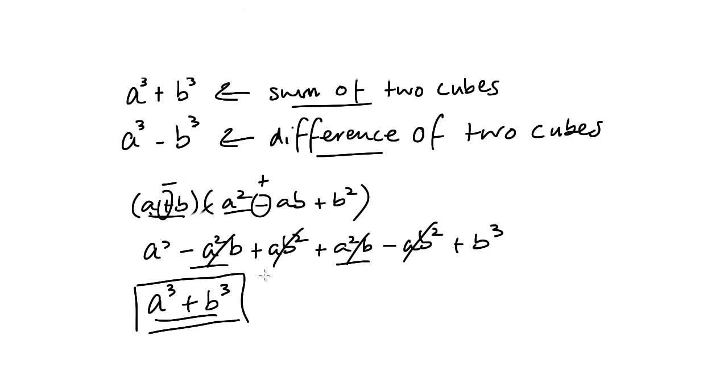So an example for that would be x cubed minus 1000 y cubed. The first thing I want to do is convert everything into cubic form. So I would make it x cubed minus 10 cubed multiplied by y cubed, since 1000 is equal to 10 cubed.